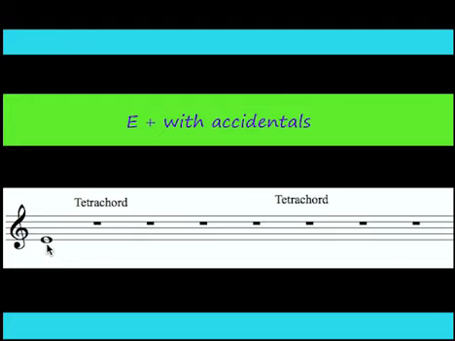First of all, we start on tonic E, and what we need is a whole step above E, which is F sharp, and then another whole step, which is G sharp, followed by a half step, which is A. Then we need to join the tetrachords, so we need a whole step, and that's going to be B. Now we have the B tetrachord, so we start again: a whole step above B is C sharp, then a whole step above C sharp, which is D sharp, and then a half step above D sharp, which is E, and we have our E major scale.